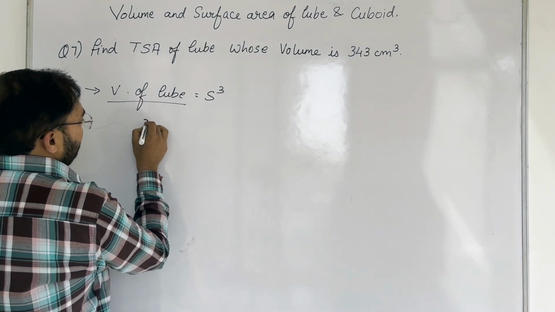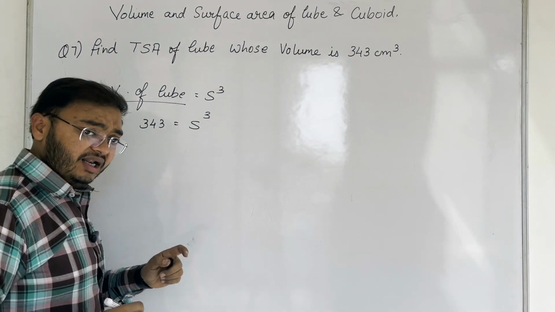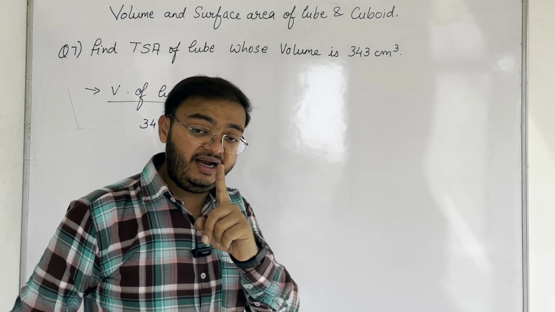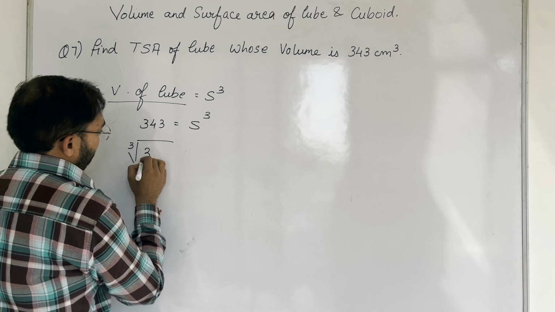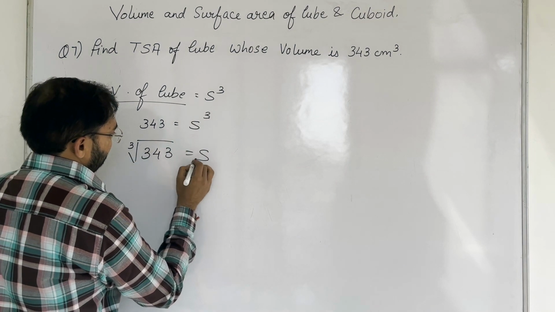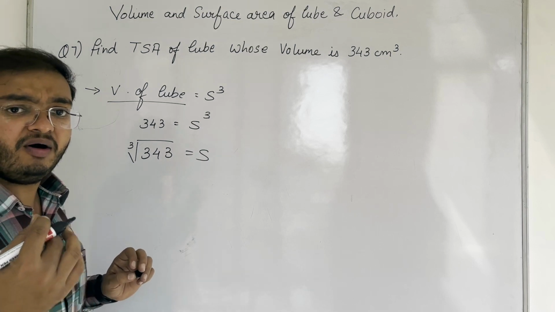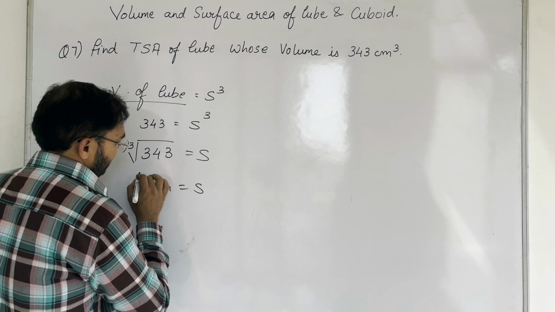Volume of cube is given, that is 343, which is equal to side cube. I only have to find the side. I don't have to find side cube. So I will find the cube root of this. That means cube root of 343 equals side. And we know that 343 is the cube of 7. So we will write 7 centimeter equals side.